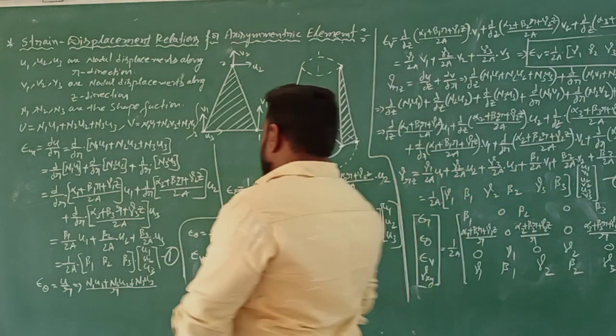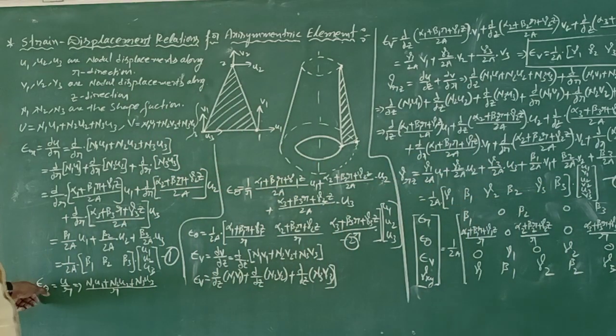After that, we have to find out epsilon theta, that means u by r. I have already derived this equation.